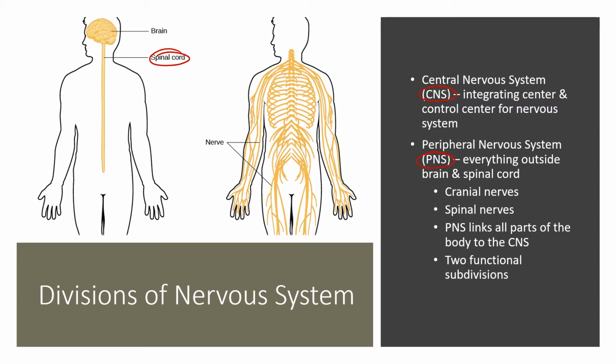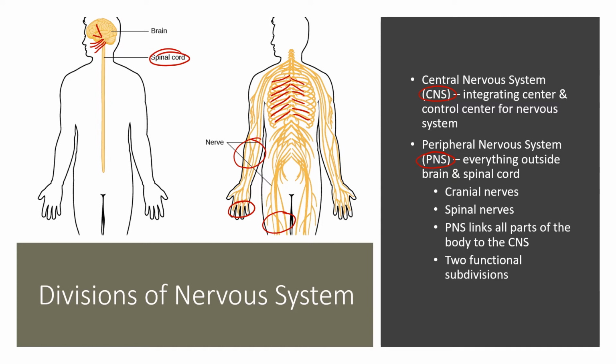The peripheral nervous system is everything that's not the brain and the spinal cord. This includes the regular nerves that you think of in your arms, your fingers, your legs. It also includes spinal nerves, nerves that come straight off of the spinal cord, and cranial nerves. There's a variety of nerves that come straight off the brain and the brainstem to do things mostly within the head.